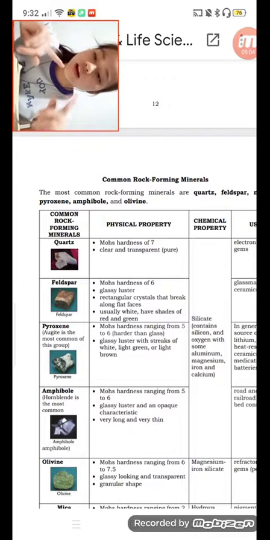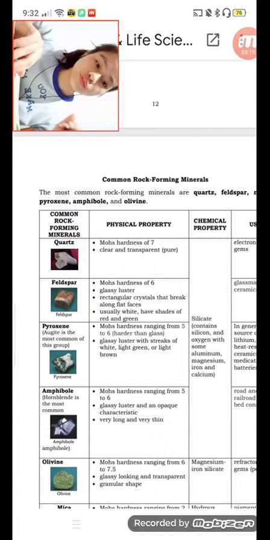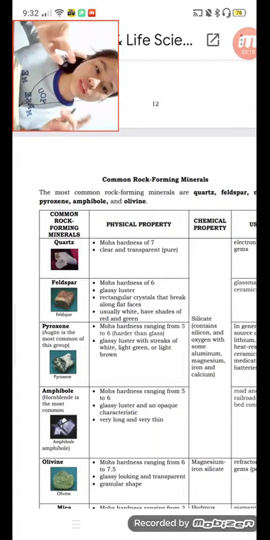I learned that augite is the most common of this group.